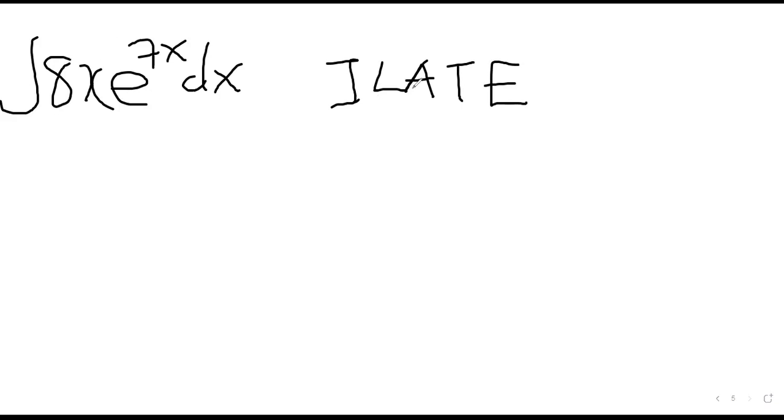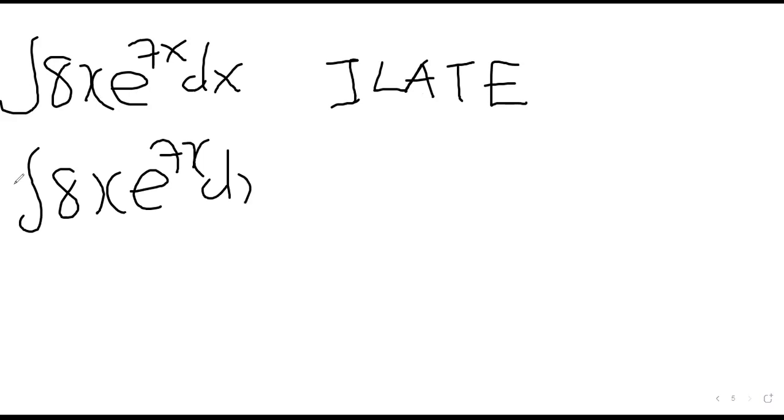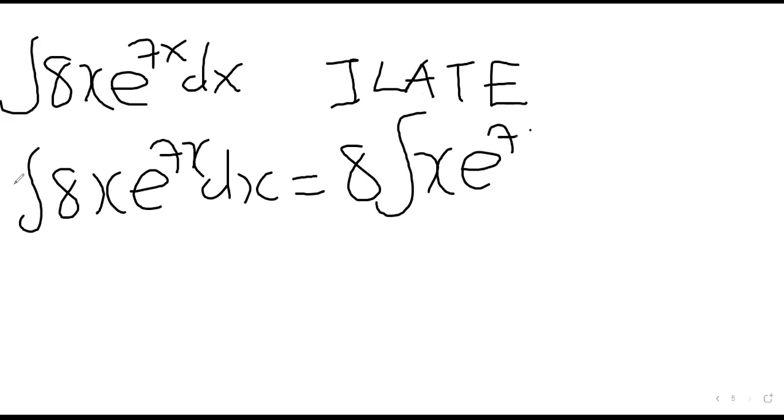Which one comes first? Algebra comes first, meaning that we are going to let u equal x. This question here, if you have 8, remember what I said? If you have a constant, you can just take that constant out. So in short, this is just equal to 8 times the integral of x e^7x dx.